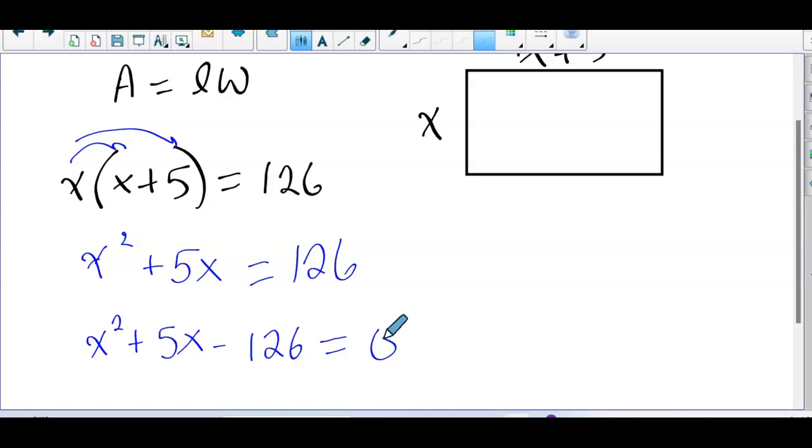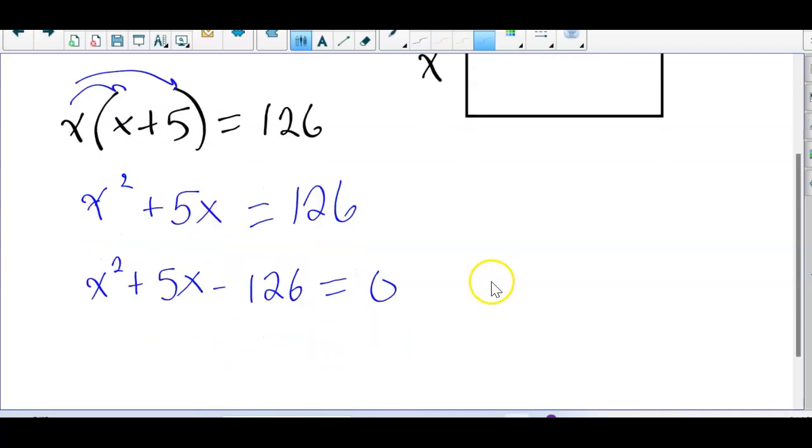So 126 is divisible by 6, right? That's not going to do it because it's 6 and 21, so that's not big enough. How about 9 and 14? Ooh, yep.